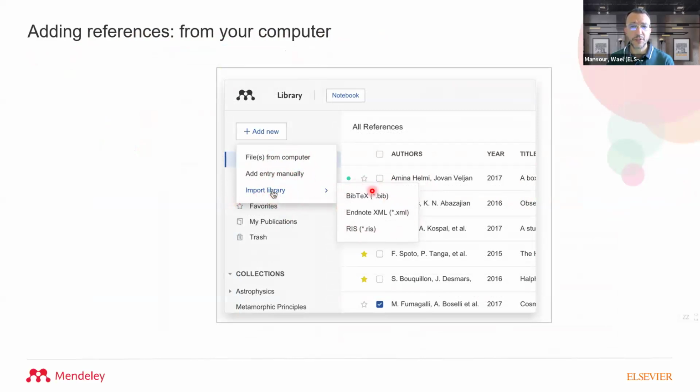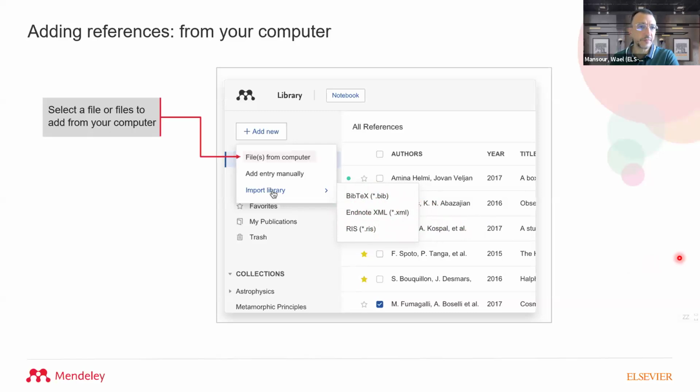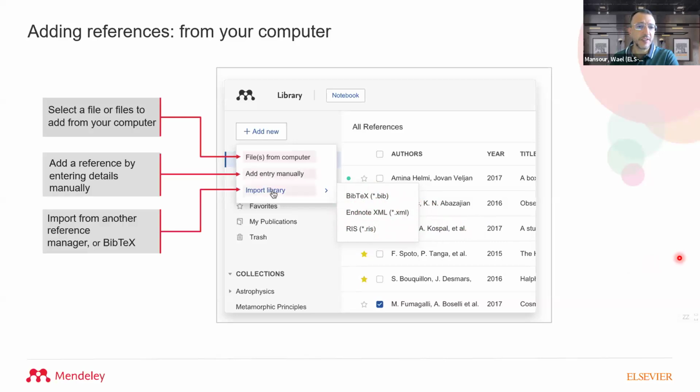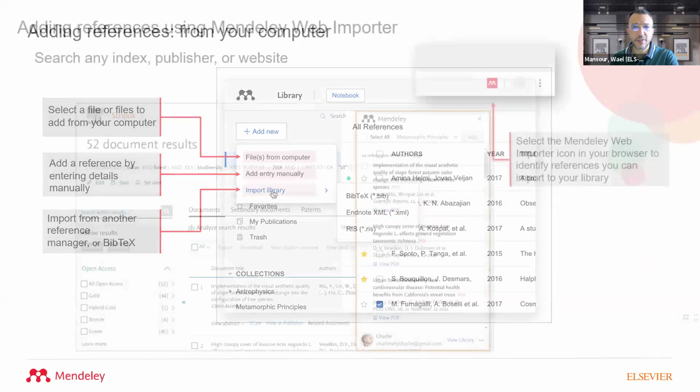Let's say you were using another reference manager, like EndNote, for example, and you have an XML file from EndNote, or a RIS file or BIB file. You can import that into your Mendeley library as well. So you select a file or files from your computer, add a reference manually, or import from a library, as I mentioned to you.